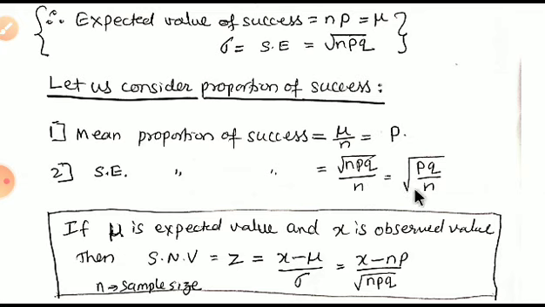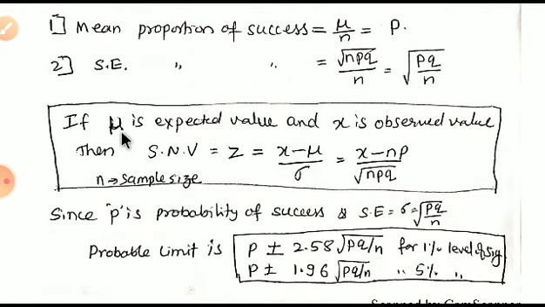Simplifying this, we get square root of pq divided by n. If mu is the expected value and x is the observed value, then the standard normal variate z is defined by x minus mu upon sigma. This is x minus np upon square root of npq.